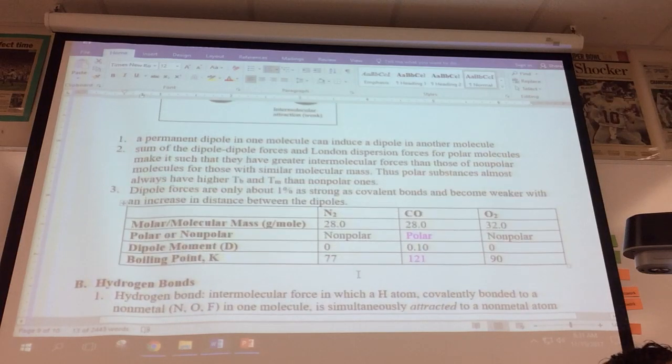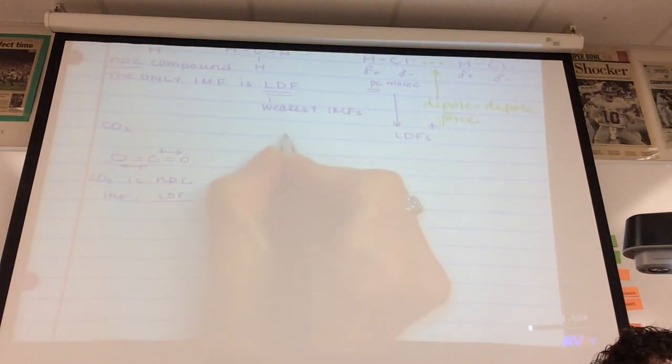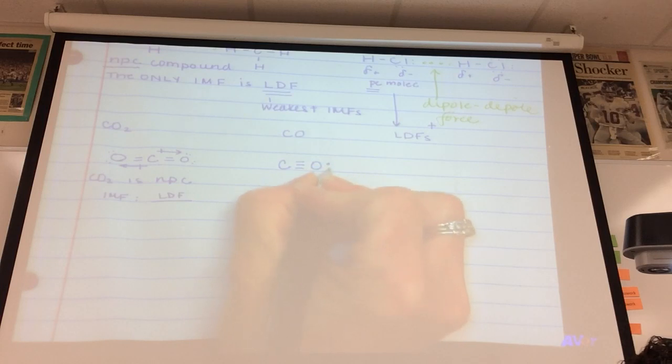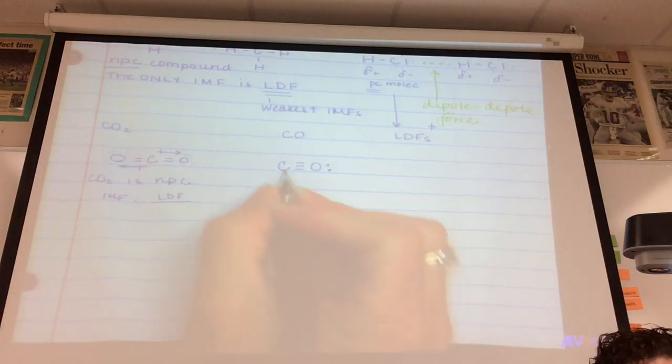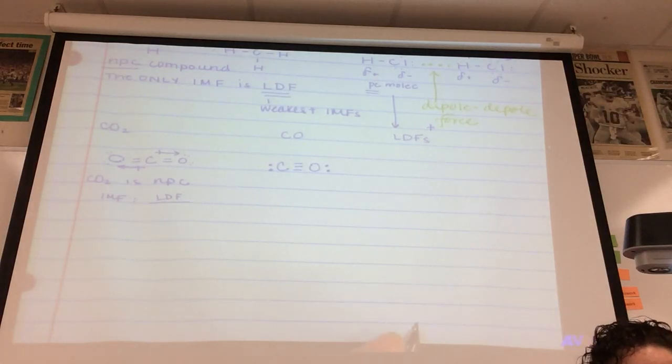If you look at this diagram or this chart, we've got nitrogen gas, carbon monoxide, and oxygen gas. I'm going to draw carbon monoxide for you. It has a very unusual structure. This is one of the few times that carbon has a lone pair of electrons on its central atom.